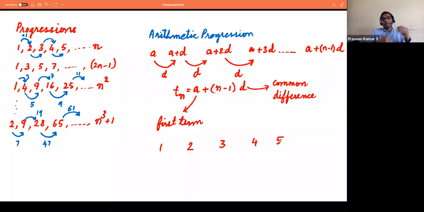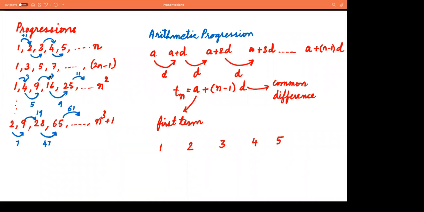If I say add all these numbers 1 to 5, how would you calculate? You would add each of them: 1 plus 2, 2 plus 3, 3 plus 4, 4 plus 5, and so on, right? So what would the sum be? 15. It will be 15.